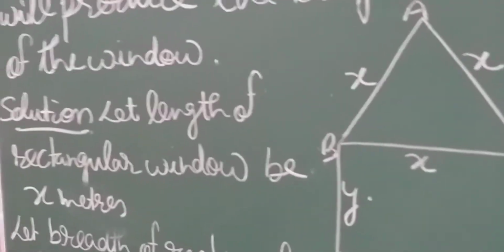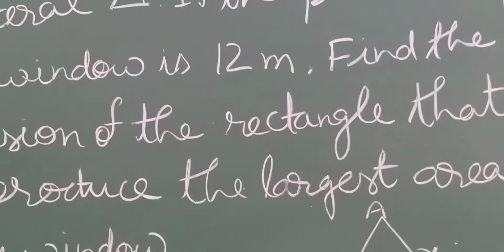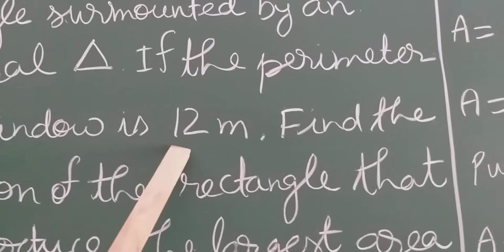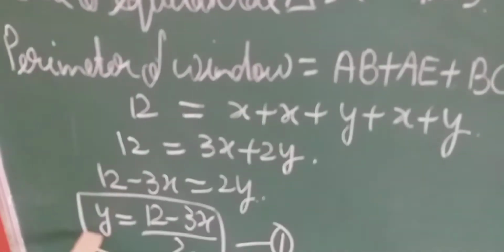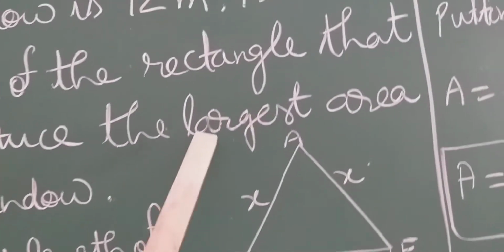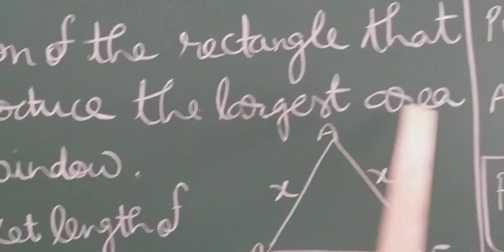Okay, students. So you have seen here the method of solving the language problem of maxima and minima. The perimeter is given to us, so we have used the perimeter to get the value of y, and we have to maximize the area because the question is asking about the largest area of the window.